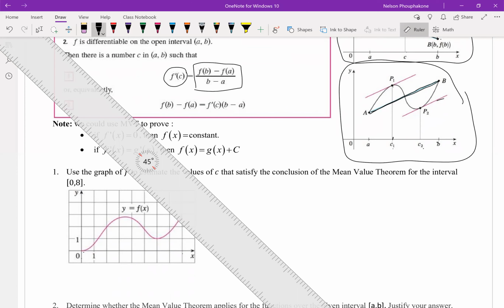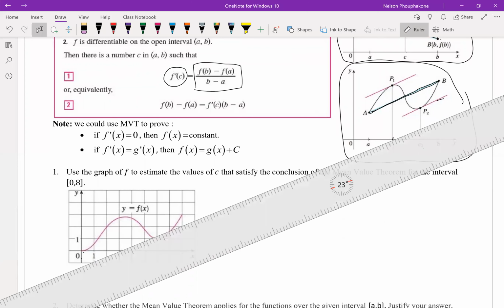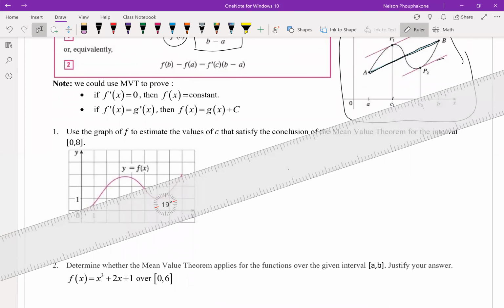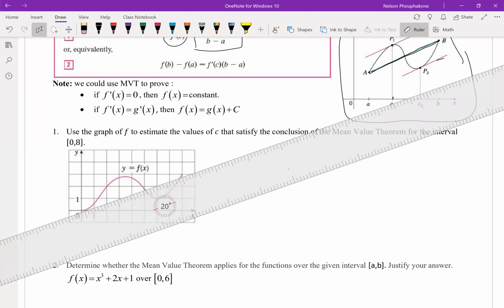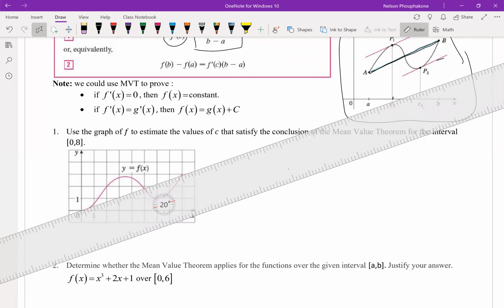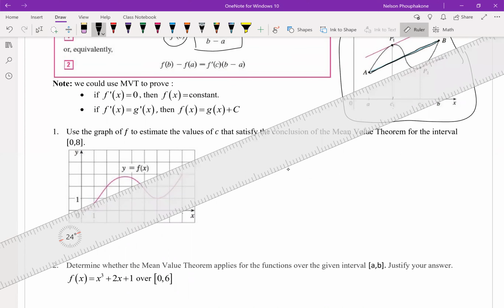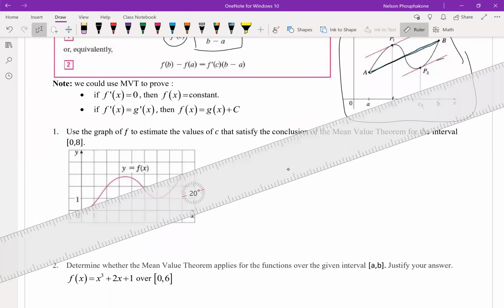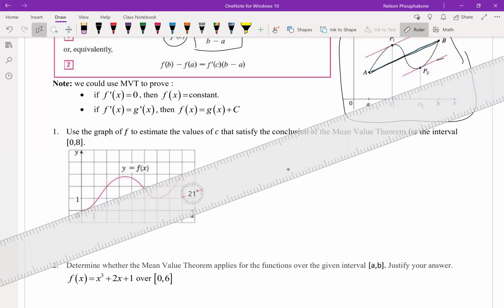Let's check this out. I would like to find the slope of the secant line between x = 0 and x = 8. It's really hard to use a ruler. Let's draw this out right here.